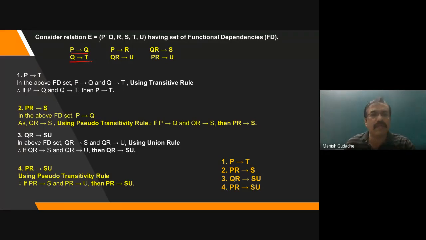So if I am saying that which attributes I can find with the help of P, then I can say I can find out Q, I can find out R, I can find out U, okay, which are apparent.